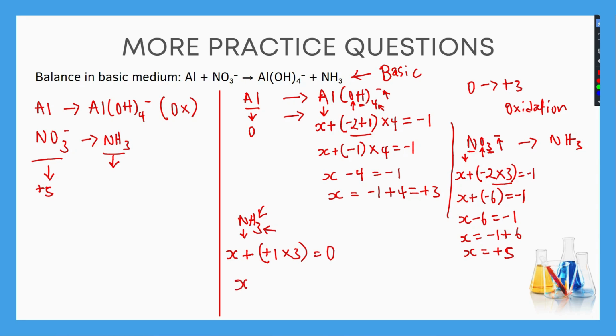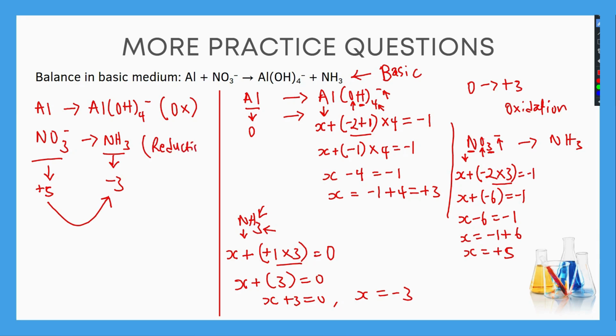So we have X plus 1 times 3 gives us 3, which is equal to 0. So X plus 3 is equal to 0. X is equal to -3. So the oxidation number of nitrogen here is -3. The oxidation number moves from +5 to -3, which shows that it has been reduced. So automatically this becomes our reduction half.